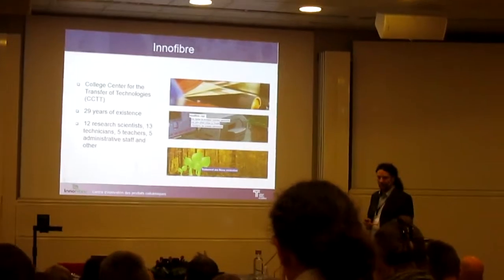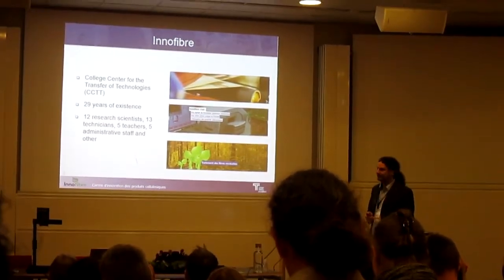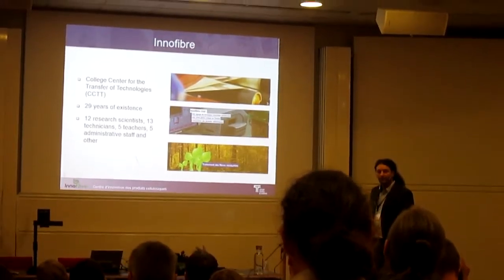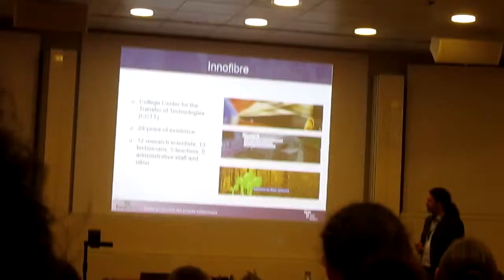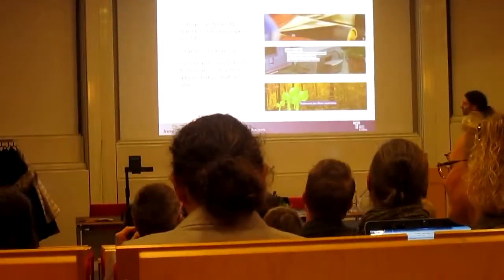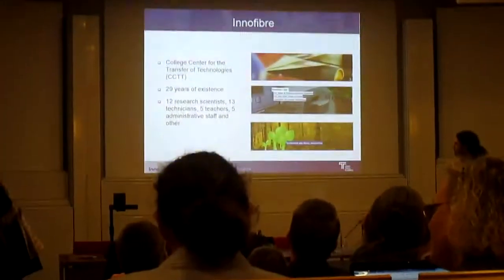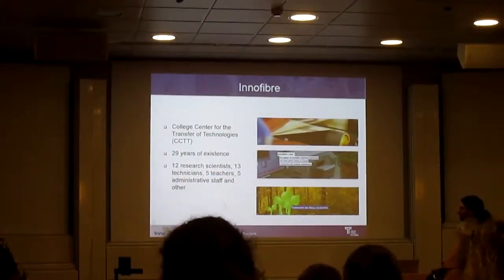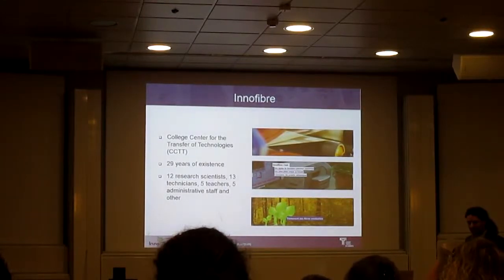Our mission is to support the Canadian private sector in making the application. We have 29 people: 12 research scientists, 13 technicians, 5 teachers, 1 administrative staff, and we have plenty of internships.